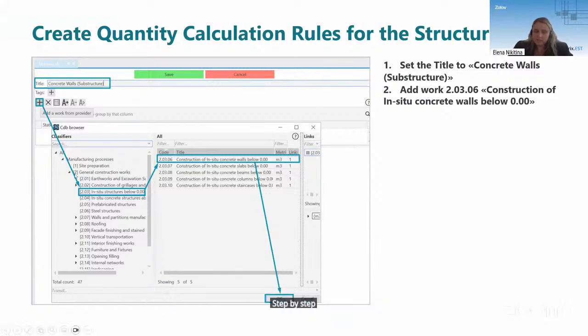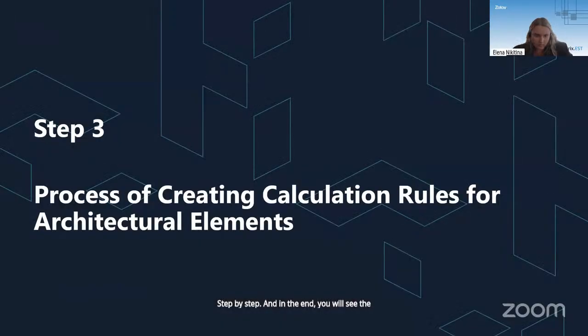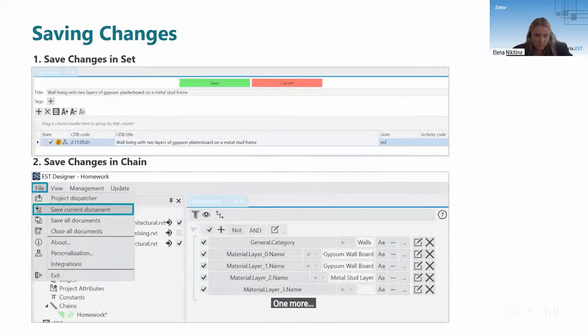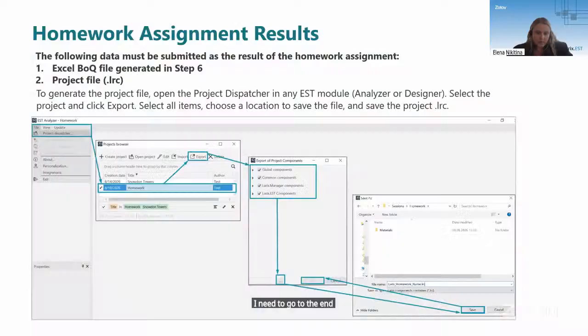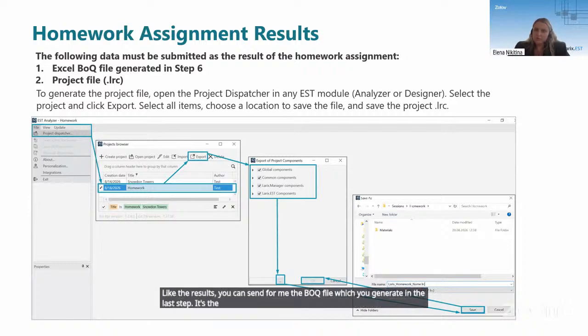And in the end, you will see the results. You can send me the BOQ file which you generate in the last step. It's the result of the calculation which you made in this homework assignment, and the project file.